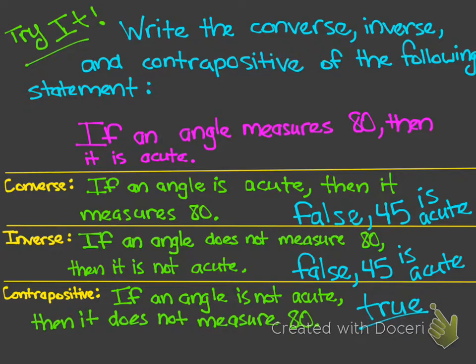If an angle does not measure 80, then it is not acute. False for the exact same reason. Anything in between 0 and 90 is an acute angle. And then the last one, the contrapositive. If an angle is not acute, then it does not measure 80. That is true. If it's not an acute angle, it can't measure 80 because 80 is an acute angle.